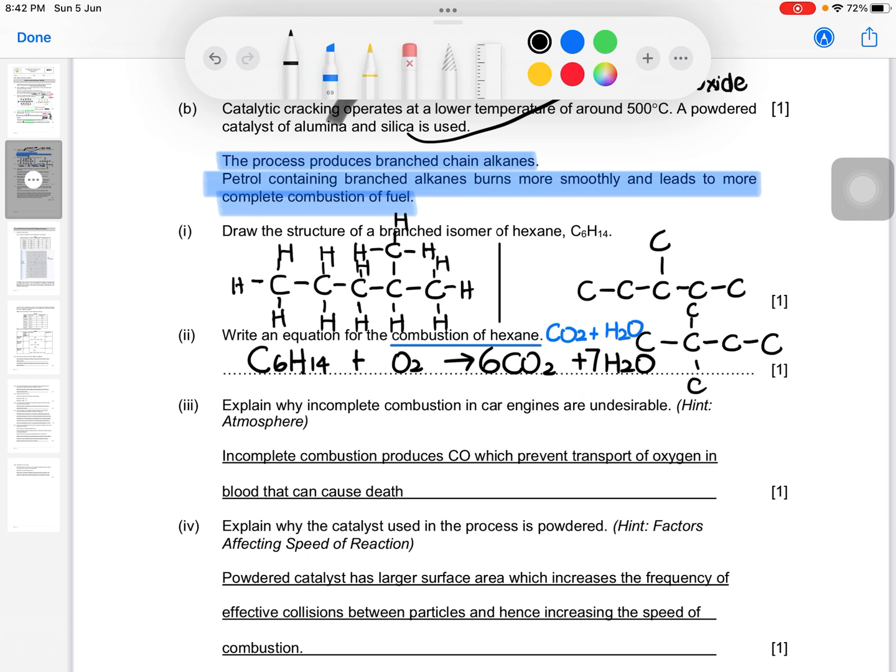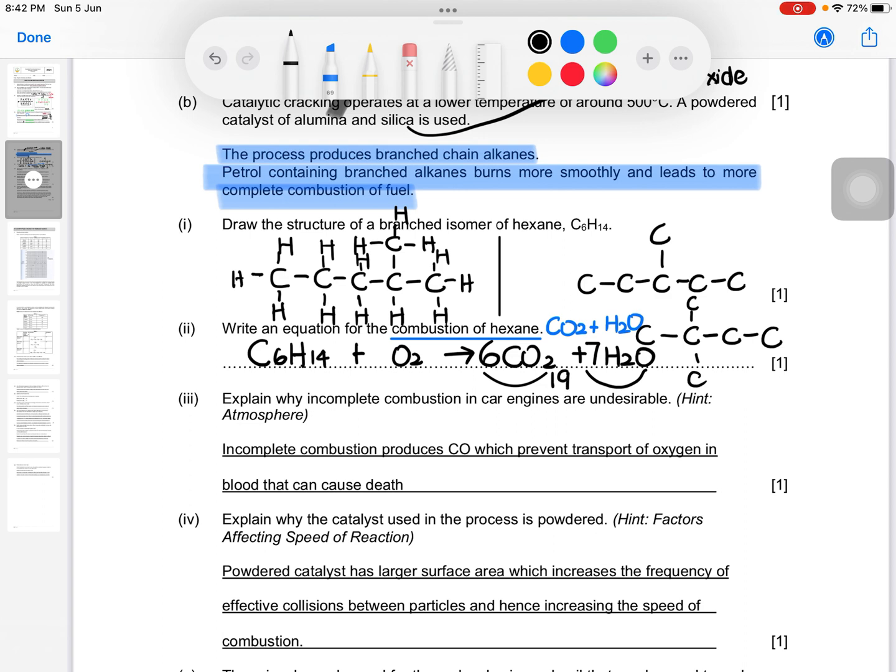So the total number of oxygen will be 6 times 2, 12, plus 7 times 1, which is 7, so 19 oxygen. 19 divided by 2 will give you 9.5. So since it's 19, you put 19 divided by 2.